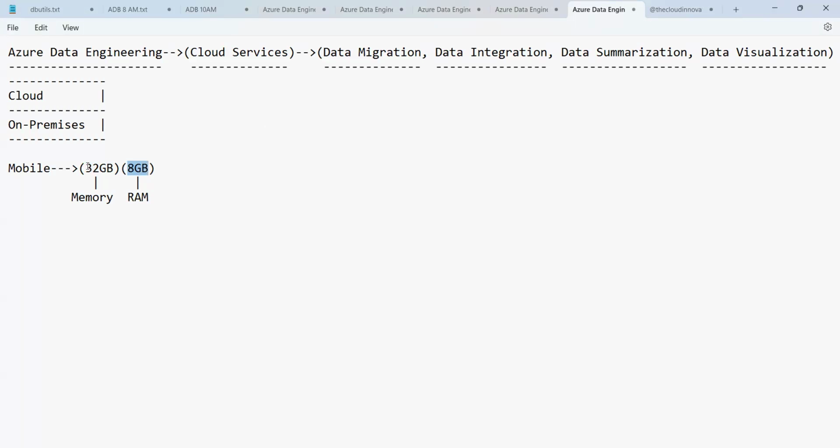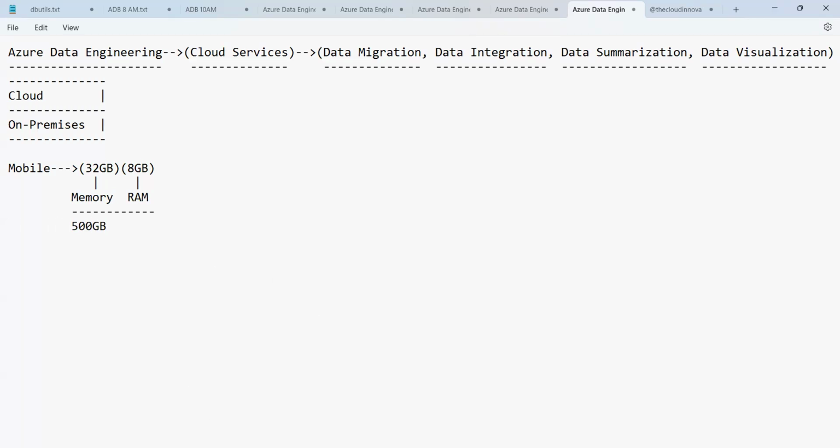Now, in the same way, after some time you have been to a marriage function or an excursion, where you clicked some pictures in a camera. Let us say the picture capacity is 500 GB.